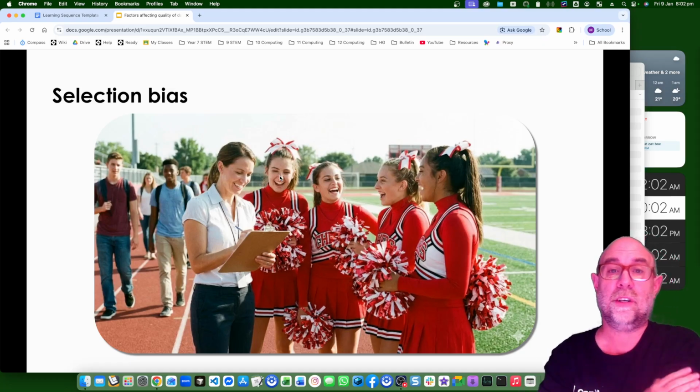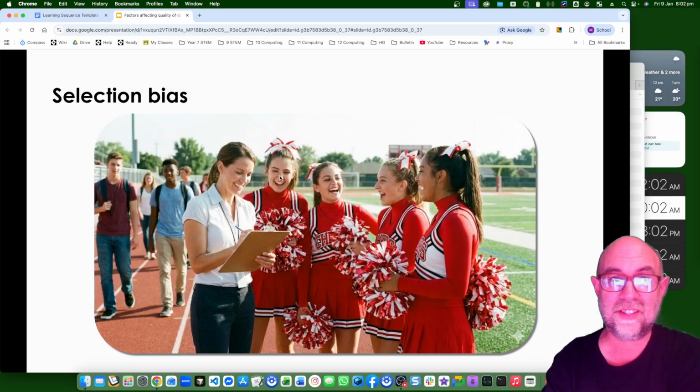So the first one I want to talk to you about is selection bias. If you were to ask these cheerleaders, who is the best team, they're going to pick the home team. Now, that's a really egregious example of selection bias, but if you were to ask teachers whether they think they should get to cut into the canteen line, well, there's a degree of selection bias there.